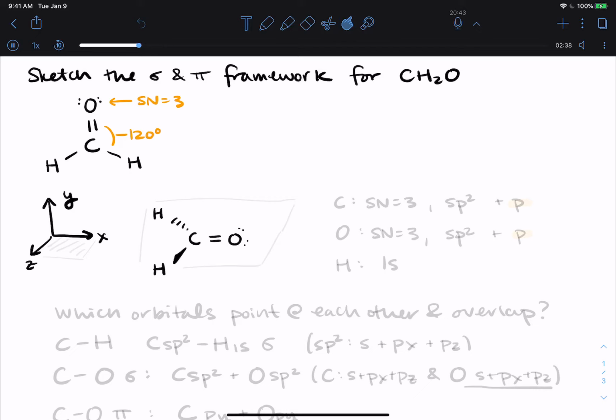So my entire molecule is in the xz plane, right? This plane right here is the plane of my molecule. This is a terrible perspective way to show it, but this is what I mean.